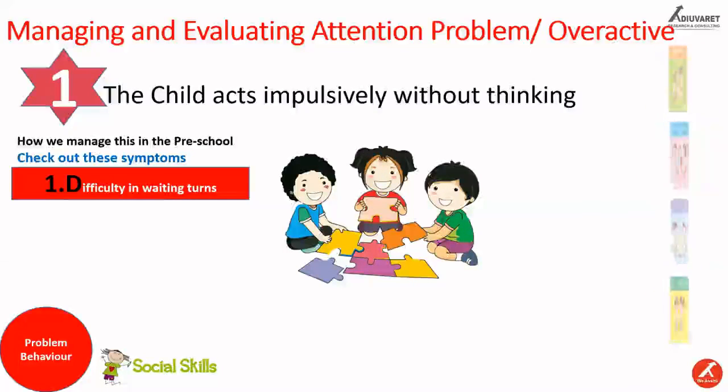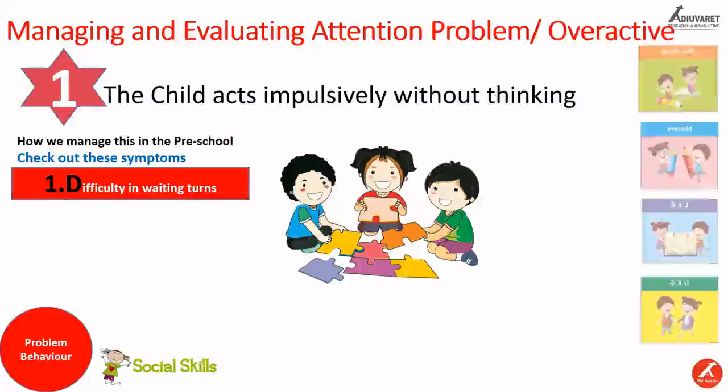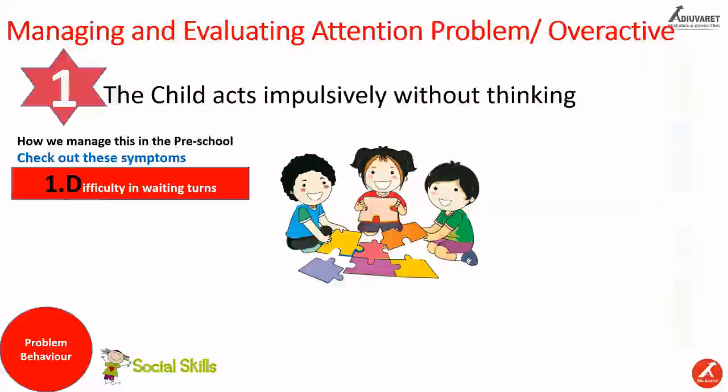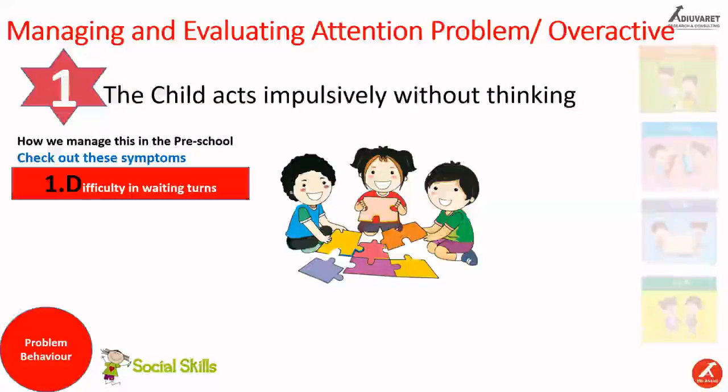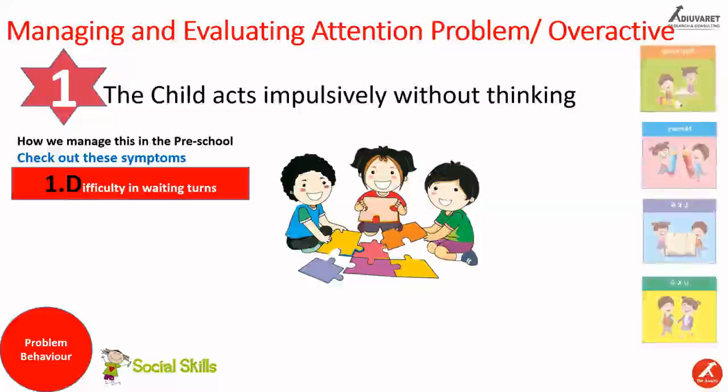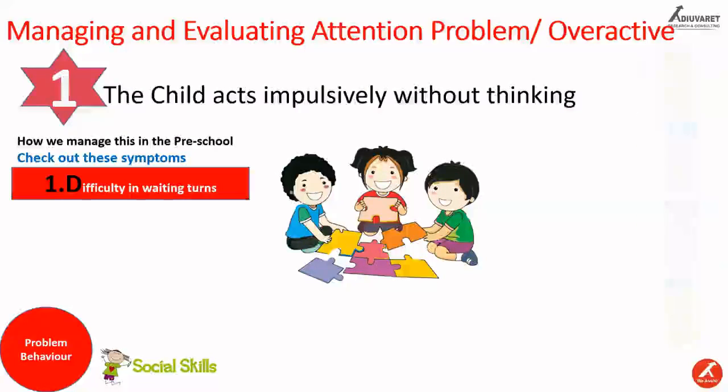Take, for example, Ludo. If Ludo is played among 4 children, then one child has to wait at least some time until the next 3 children throw the dice and finish their turn. Then only another child's turn comes.